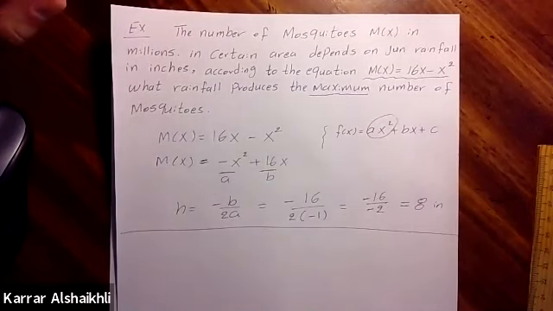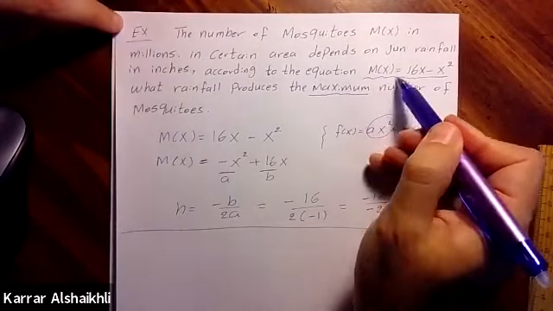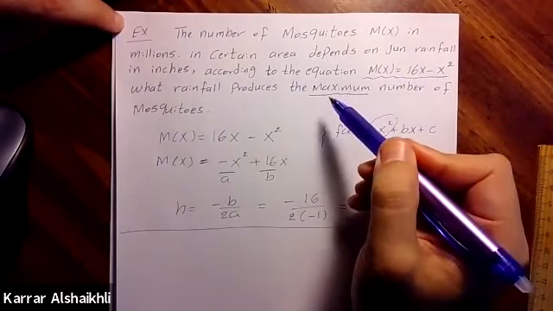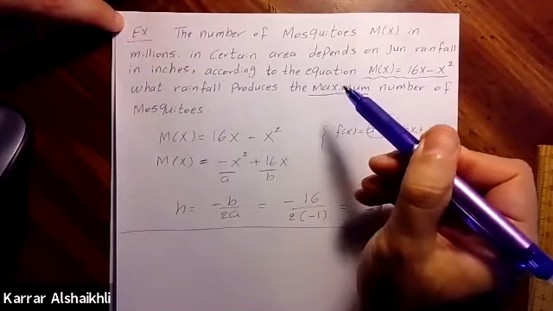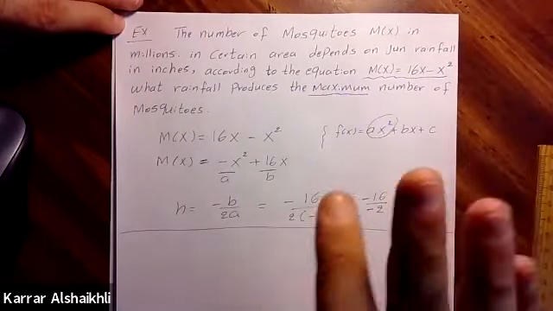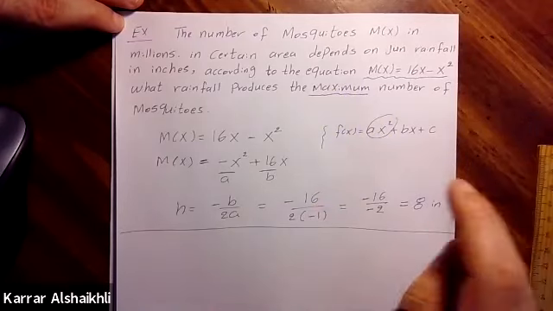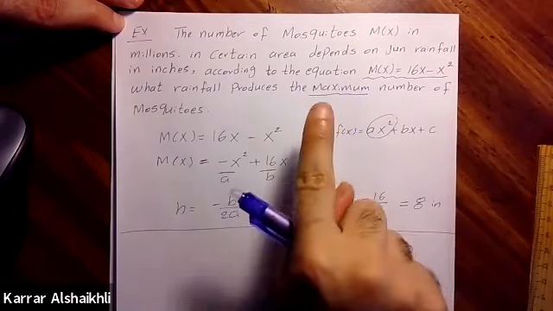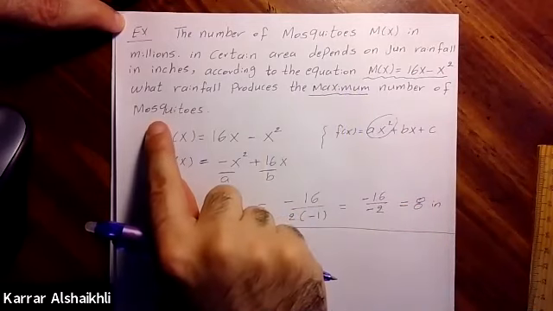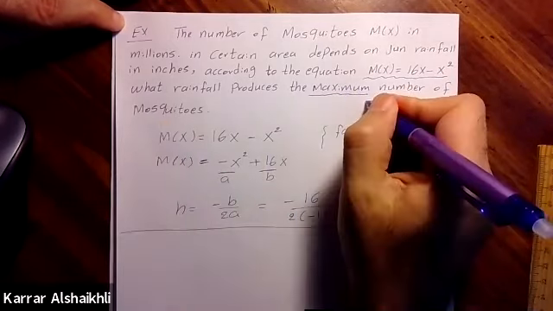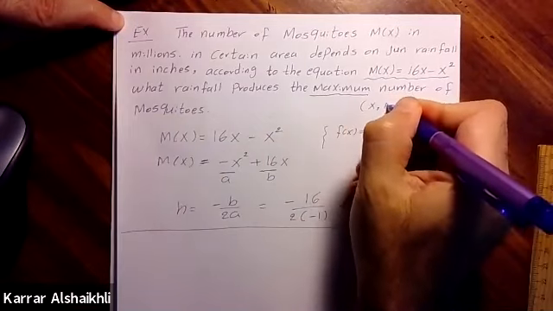So this is really important. Always when you see they give you the equation and ask you to find the maximum or minimum, the same word, the first thing you will notice is that I'm going to use the vertex formula. In this example, we need to find the maximum number of mosquitoes because our equation is in x and m.